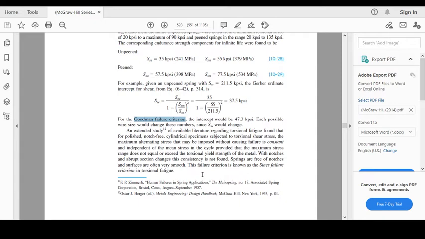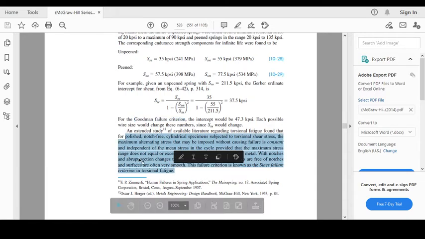If there are notches and abrupt section changes, this consistency is not found. Springs are free of notches and surfaces are very smooth. The failure criterion is known as the Sines failure criterion in torsional fatigue. What does this sentence mean?